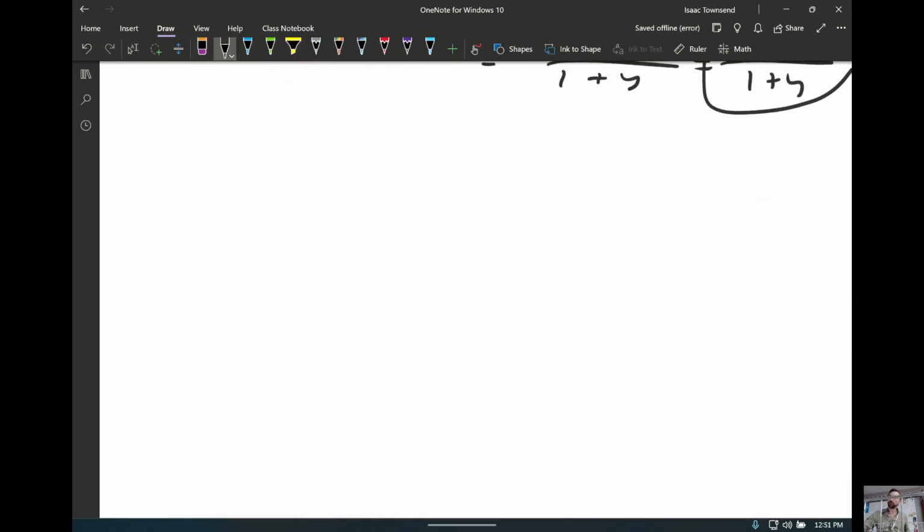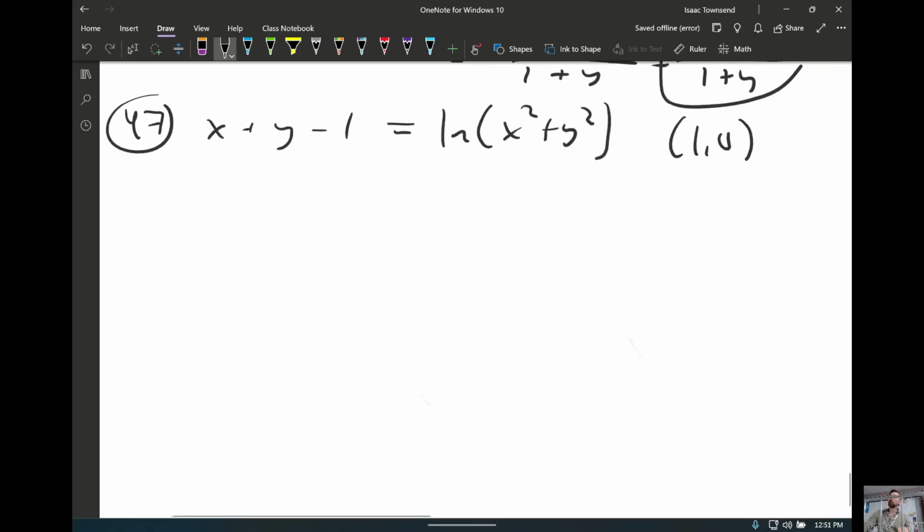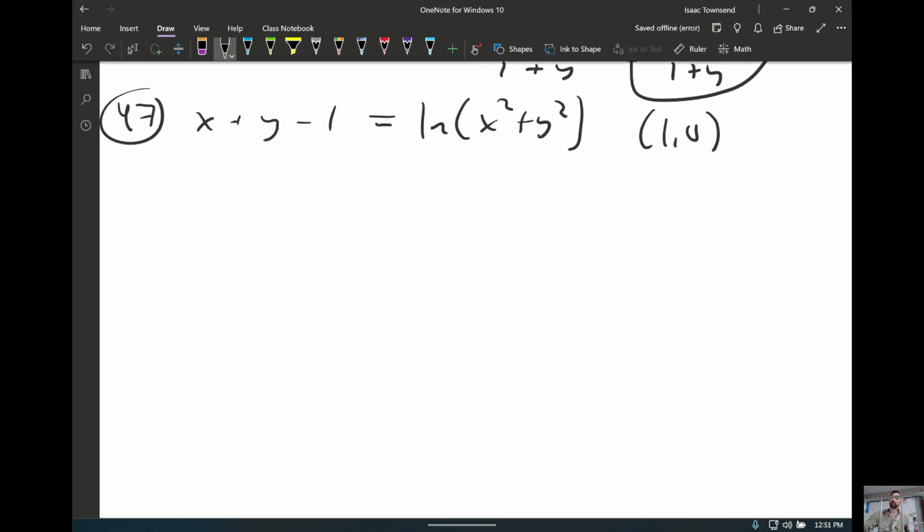All right. Your answer is going to look wildly different to 45 and 47 if you don't read the directions there. This did not just say find the derivative. It wants you to write an equation of a tangent line at this point. So before I even worry about dealing with this, I know it's going to be implicit differentiation because that's what we're practicing today.